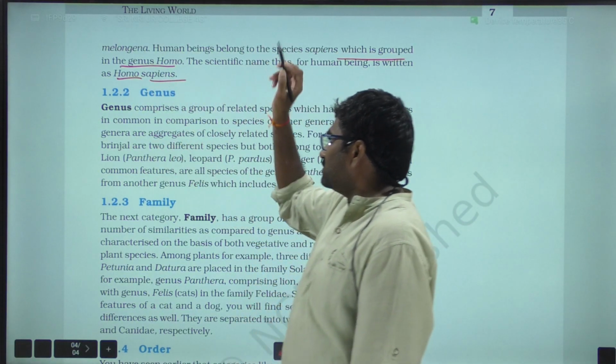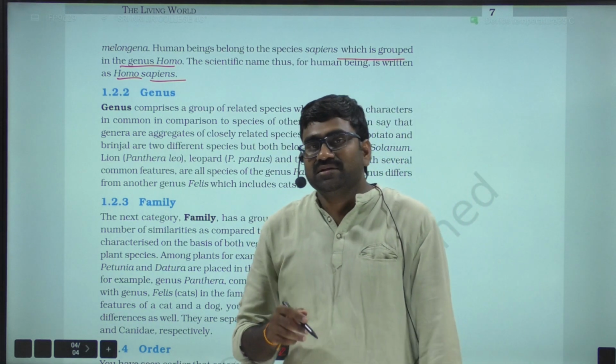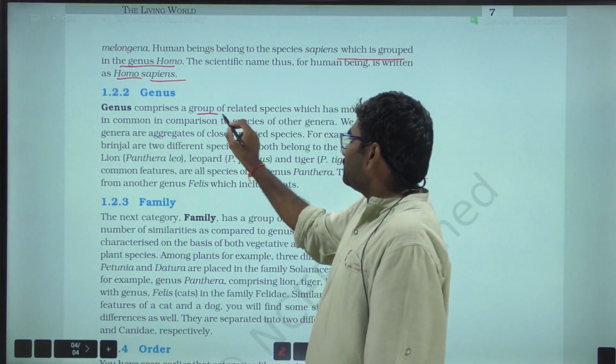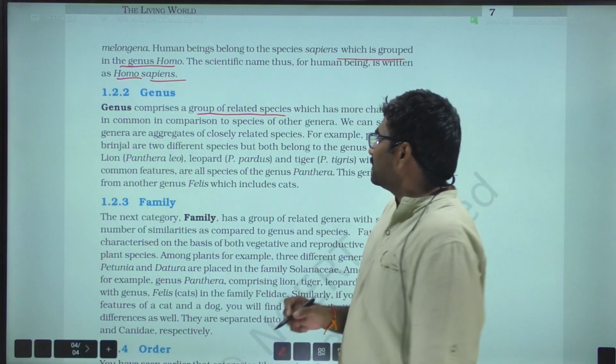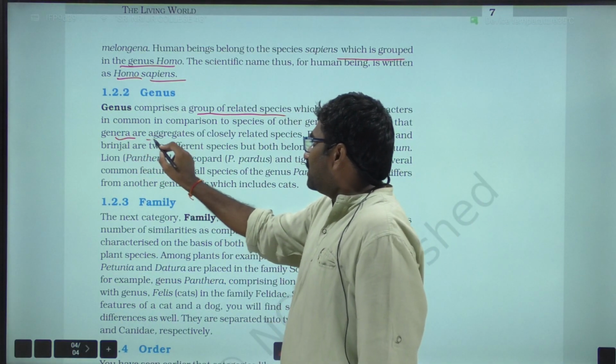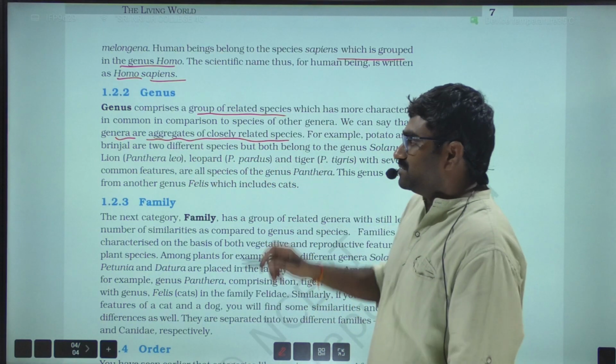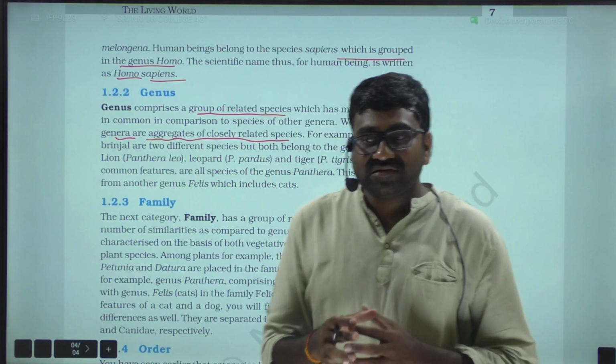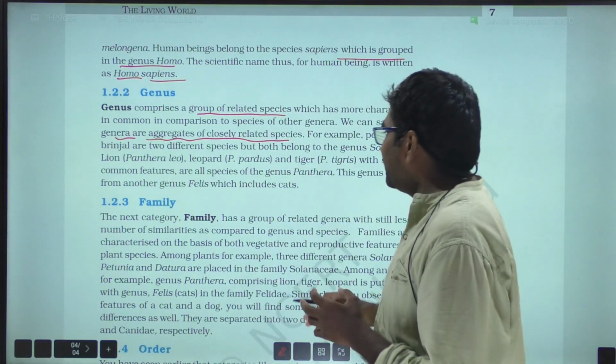Next, genus. Genus comprises a group of related species. Genera are aggregates of closely related species.